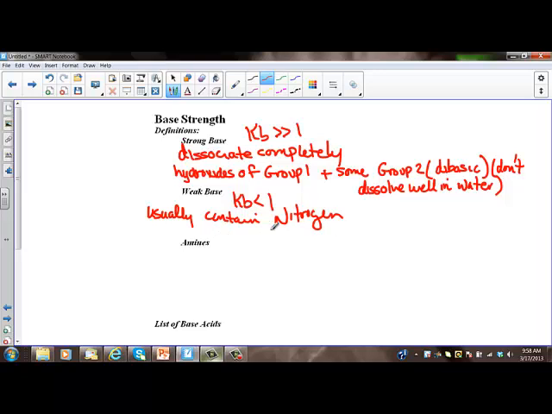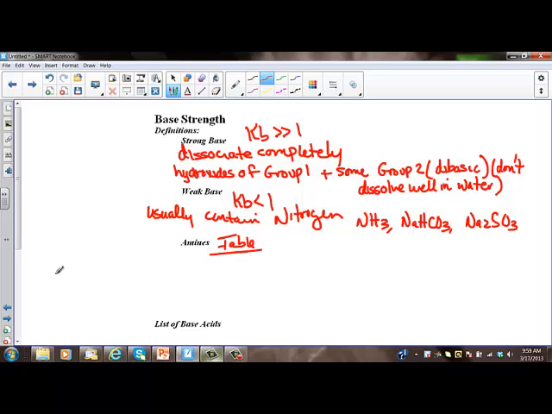So some examples here would be NH3, NaHCO3, and Na2SO3. I'm not going to worry about amines right now. We're going to just table this for now.